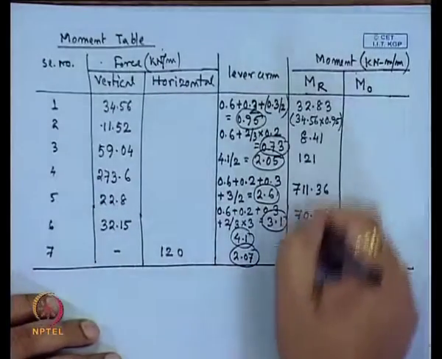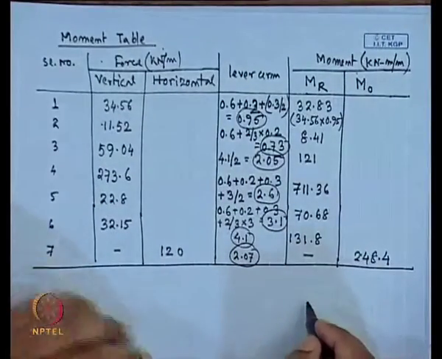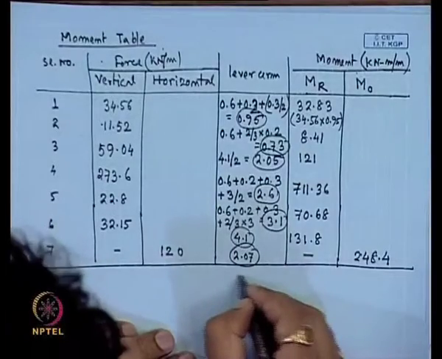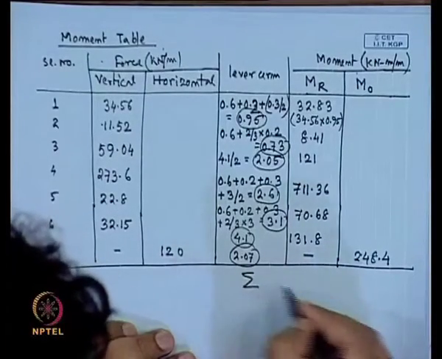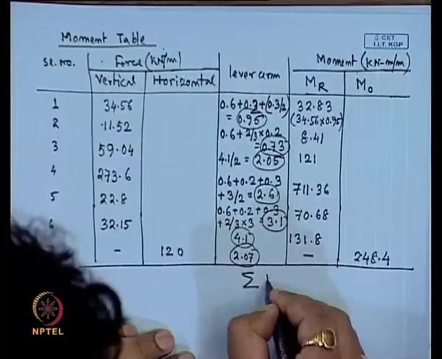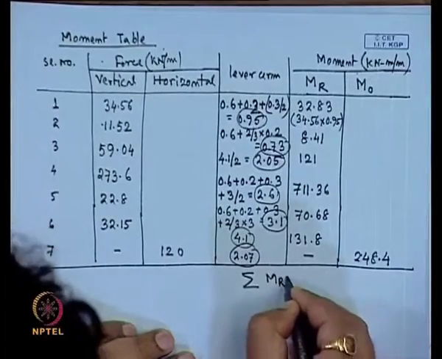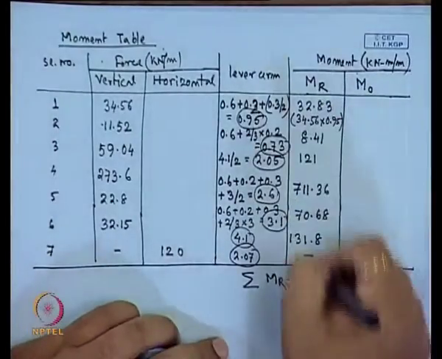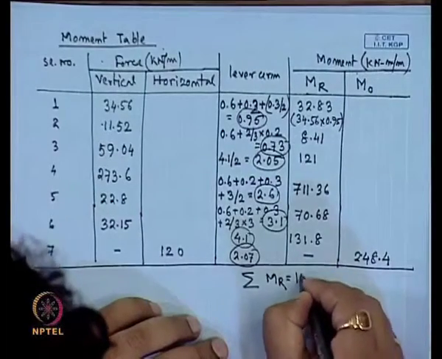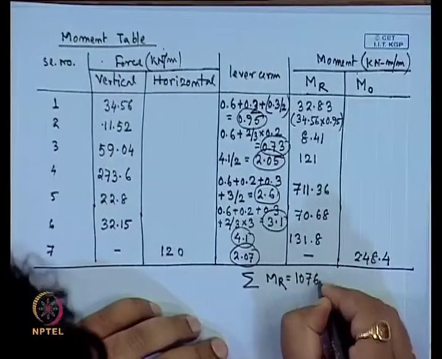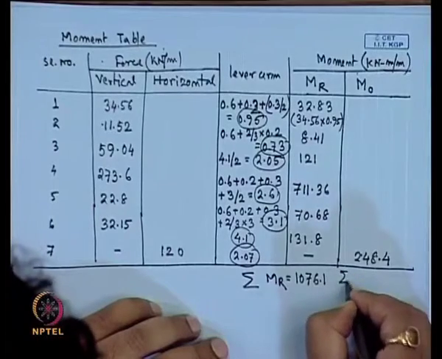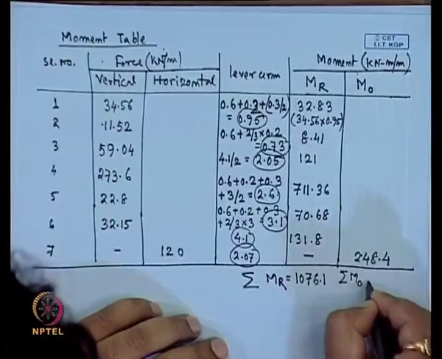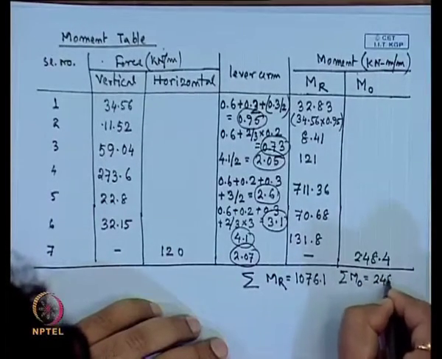So these are the resistive moments and the overturning moments. Now, if I take the summation of all these moments, the summation of M r, that is the summation of this column, is 1076.1, and the summation of the overturning moment is 248.4.